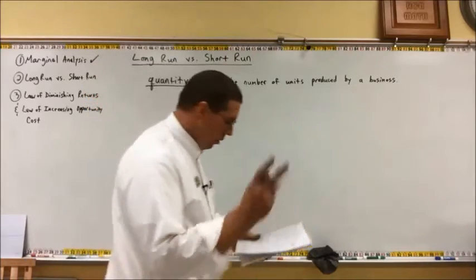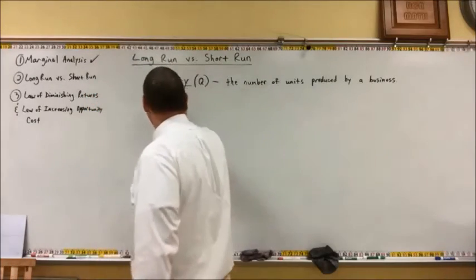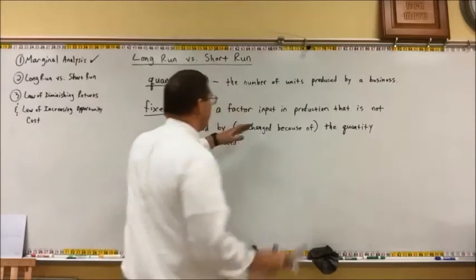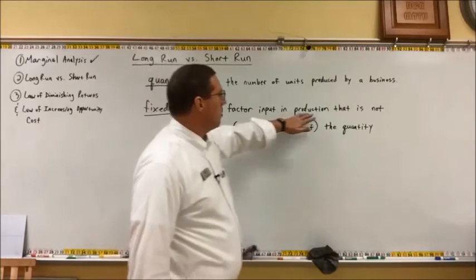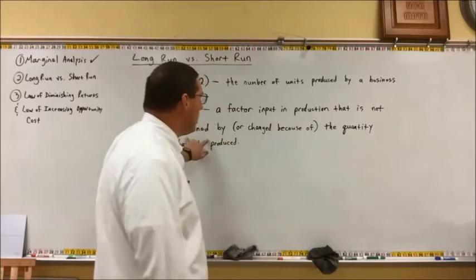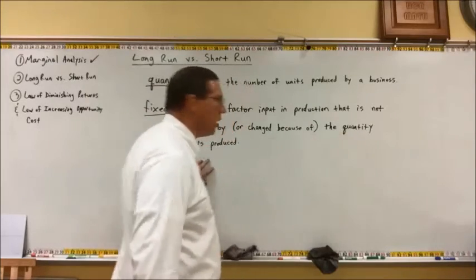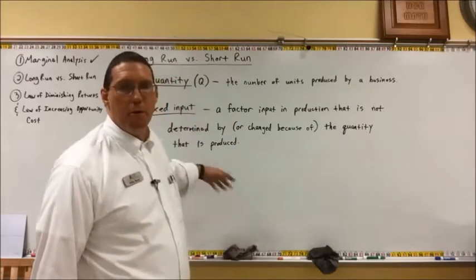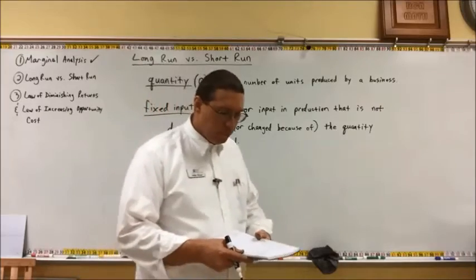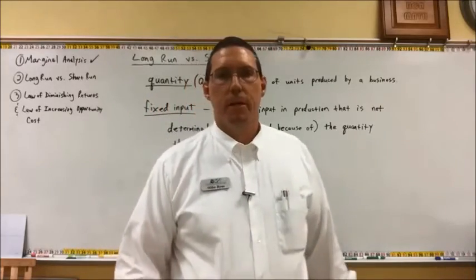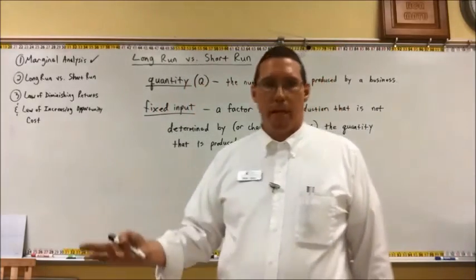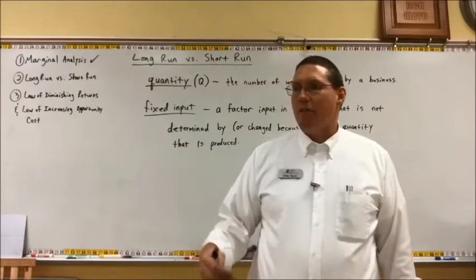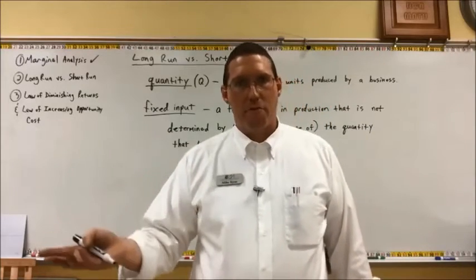All right, second concept is fixed input. It's a factor input in the production process that's not determined by how much is produced. An example of this would be a truck. Let's say there's a plumbing company and they have a truck that a plumber drives around in.